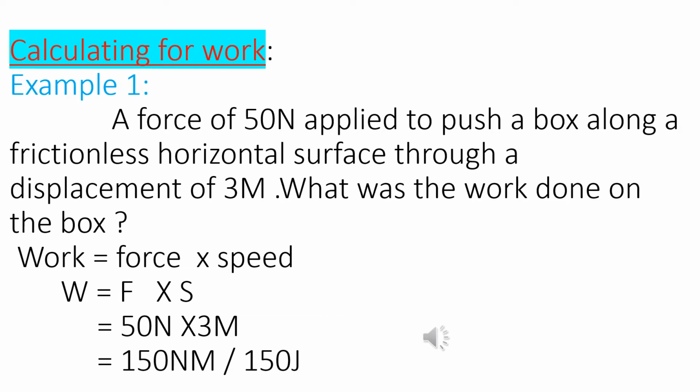So we get the 50 newtons and multiply it by 3. When I multiply N by m, I get Newton meters. When I multiply 50 by 3, I get 150 Newton meters or joules.